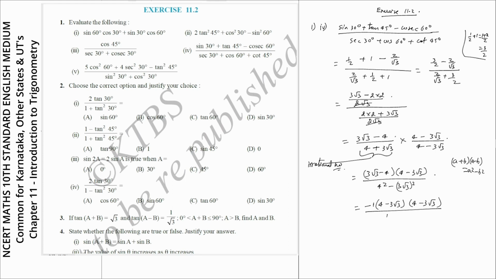Now in the denominator it is 4 4s are 16, 16 minus 3 3s are 9 into root 3 into root 3, root 3 into root 3 is 3. So here now I will get minus 1. So here 4 minus 3 root 3 into 4 minus 3 root 3 is a minus b into a minus b, which is a minus b the whole square.